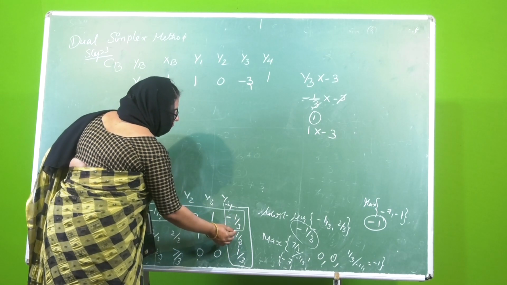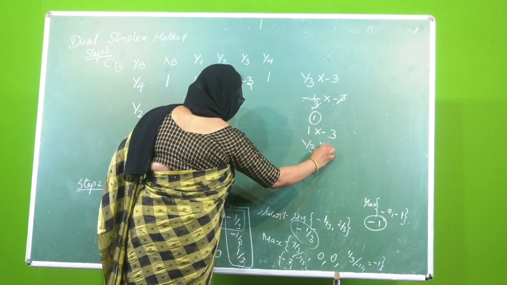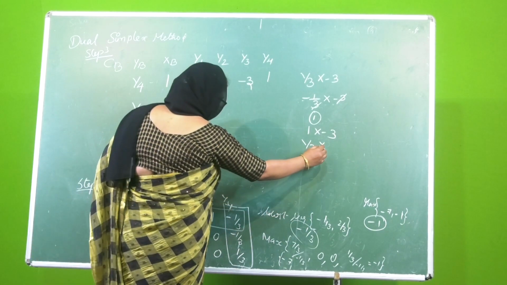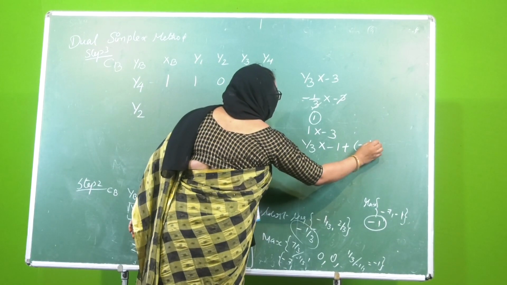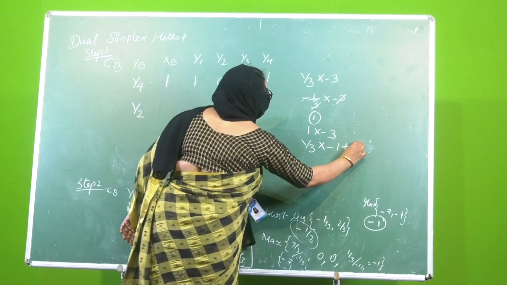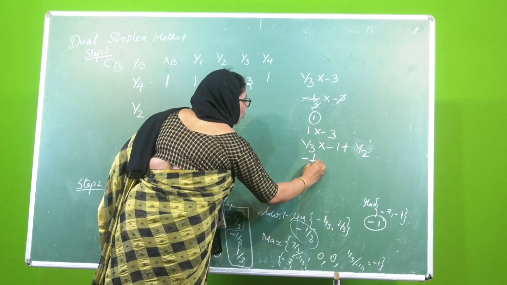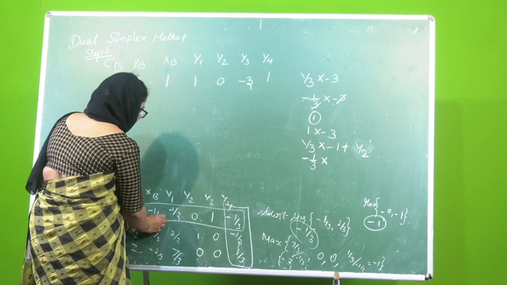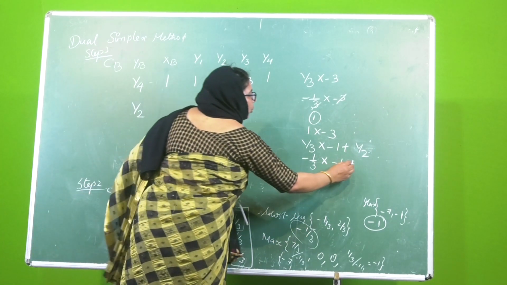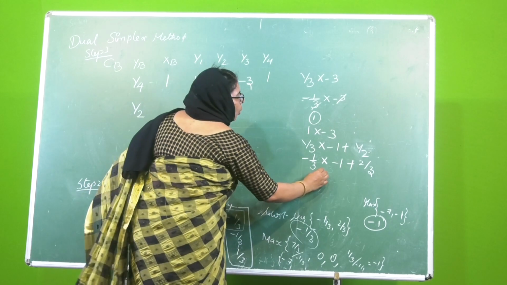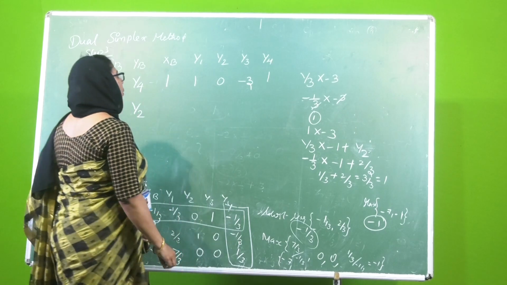We add to the pivot element: y3 into -1 by 3 into -1, plus y2. y2 is 2 by 3. So 1 by 3 plus 2 by 3 is 3 by 3, and 3 by 3 is 1.